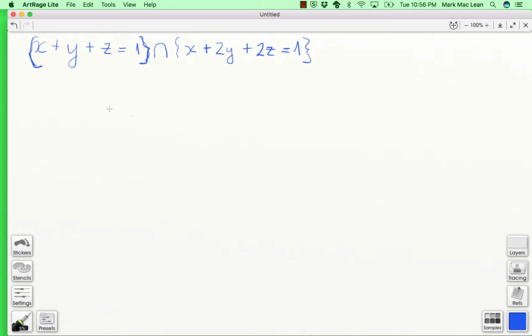So let's give a little bit of thought to the geometry here. Here's one of the planes, for example, and we can think about the other plane sort of intersecting here.